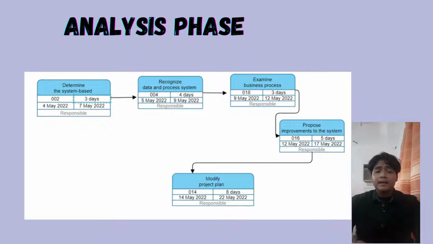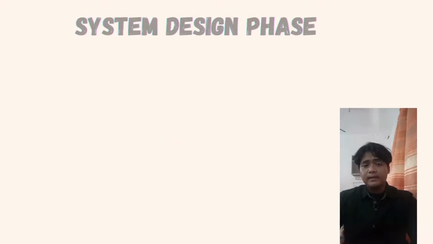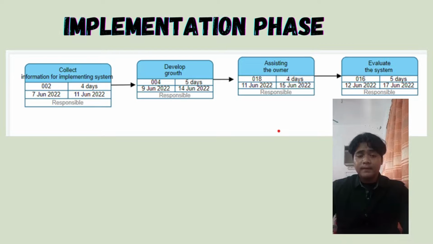Meanwhile, the analysis phase started on 4 May 2022 and is targeted to end on 22 May 2022. The system design phase started on 23 May and ended on 5 June, and the implementation phase started on 7 June and ended on 17 June 2022.